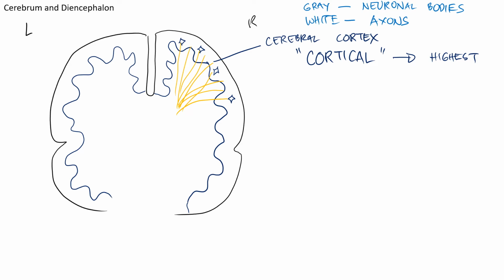So your axons come from your neural bodies, mainly in your cerebral cortex. And you have two major white matter bundles there. One is, we've mentioned this before, a fan-shaped collection of your axons. This is called your corona radiata.